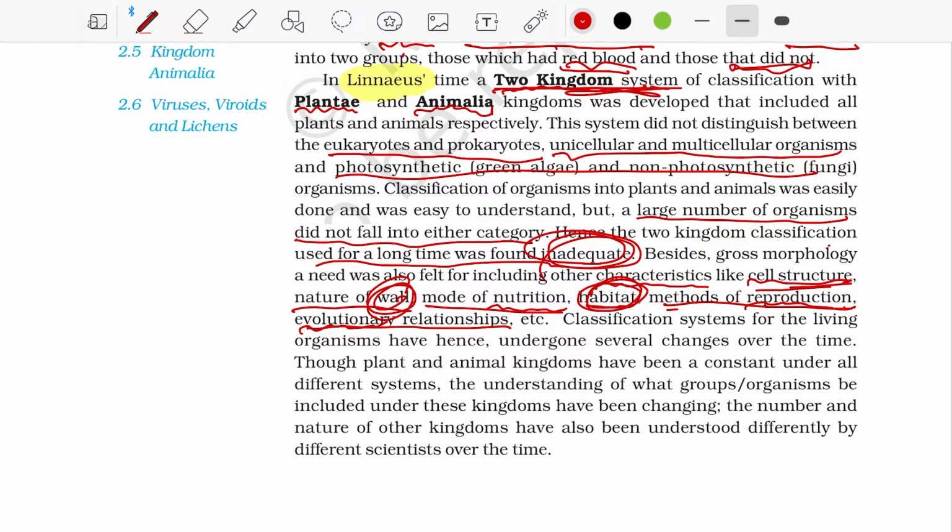So the classification system for living organisms has undergone several changes over time. Though the plant and animal kingdoms have been constant under all the different systems, the understanding of what groups of organisms should be included under these kingdoms has been changing. The number and nature of other kingdoms have also been understood differently by different scientists.